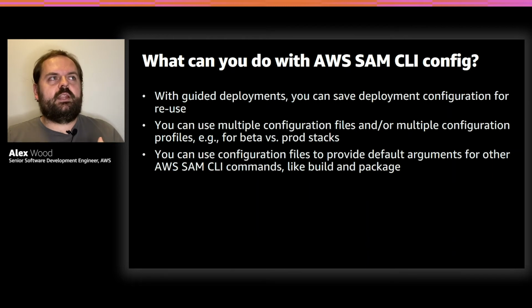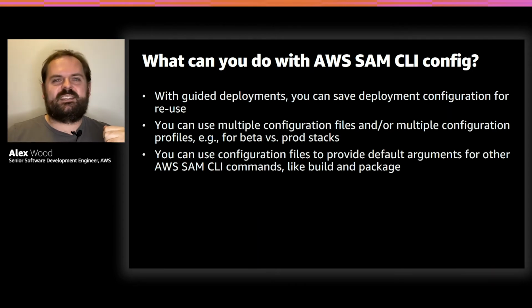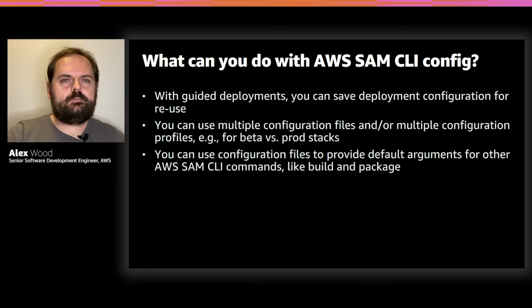And it's also really handy for providing default arguments into other SAM CLI commands that you use, which can really reduce the amount of time you spend putting in redundant parameters that are going to be the same every time you're running a command. So it can really simplify your development lifecycle for common use cases.